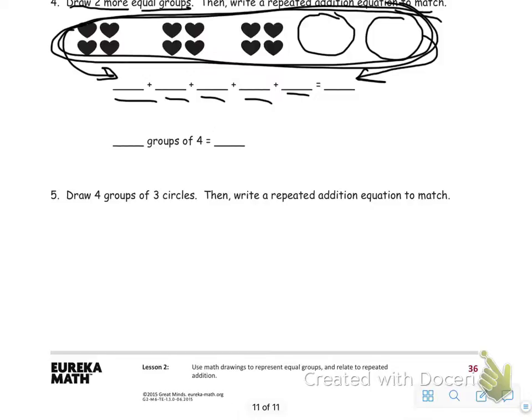And then come down here and say how many groups there are and how many there are total. So blank groups of 4 equals blank, alright?